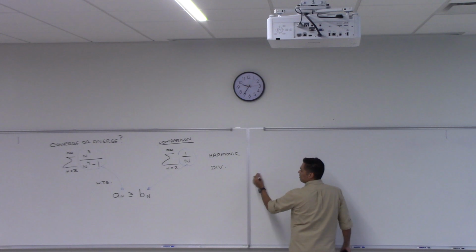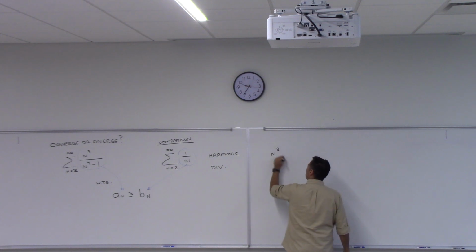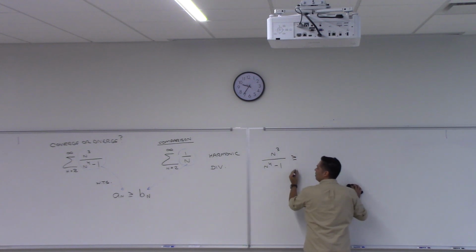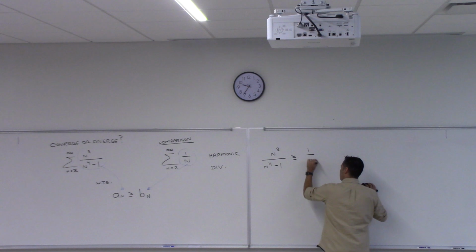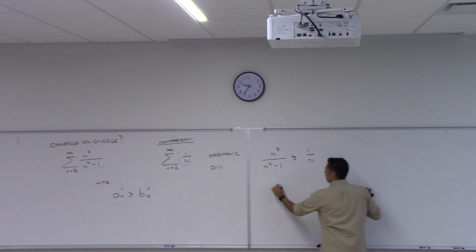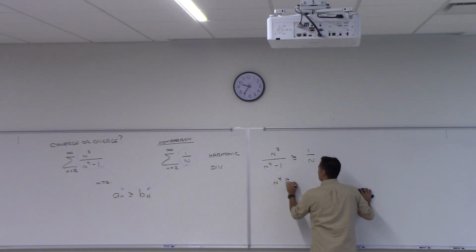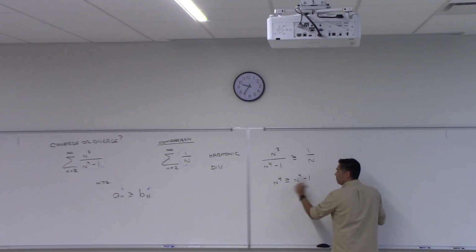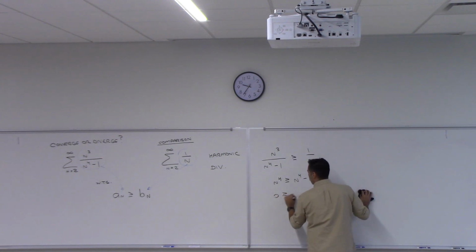Let's plug it in. What is a sub n for us? It's n cubed over n to the fourth minus 1. And the question is, is that bigger than or equal to 1 over n? Cross multiply again. n to the fourth bigger than or equal to n to the fourth minus 1. Subtract n to the fourth on both sides. 0 is greater than or equal to negative 1.